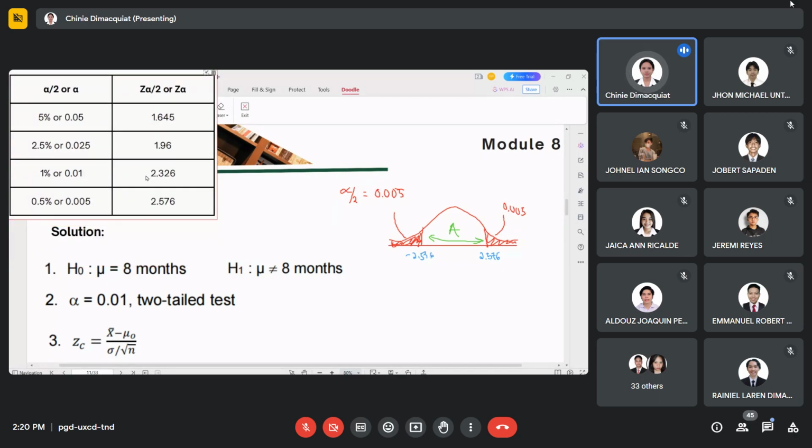Madaling ma-identify yung ating left at right na critical values kapag two-tailed kay Z at kay T. Gagawin nyo lang plus minus yung given na value natin. Negative 2.576 para sa left and positive 2.576 para sa right.